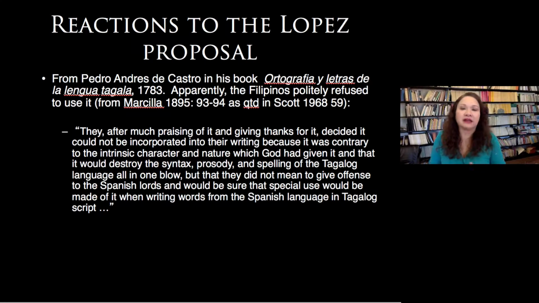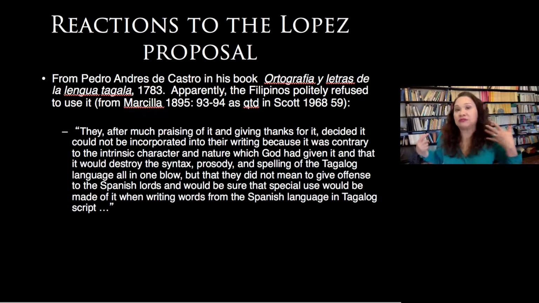This is from Massilia, 1895, which was quoted by Scott. So many sources. They, after much praising of it and giving thanks for it, decided it could not be incorporated into their writing because it was contrary to the intrinsic character and nature which God had given it, and that it would destroy the syntax, prosody, and spelling of the Tagalog language all in one blow, but that they did not mean to give offense to the Spanish lords and would be sure that special use would be made of it when writing words from the Spanish language in Tagalog script.